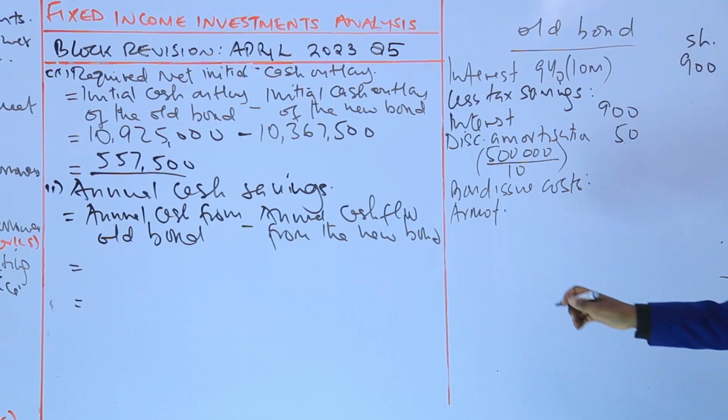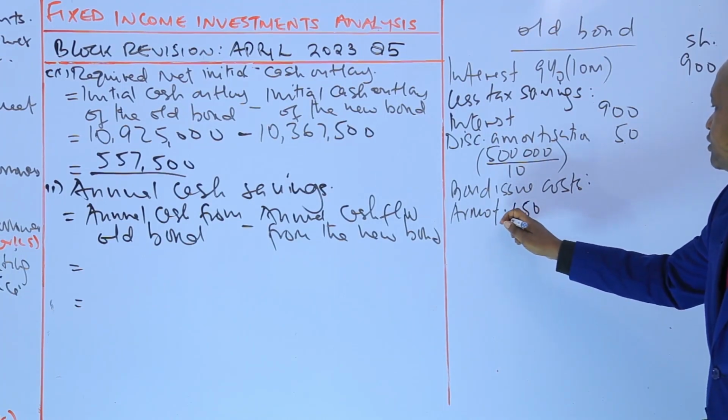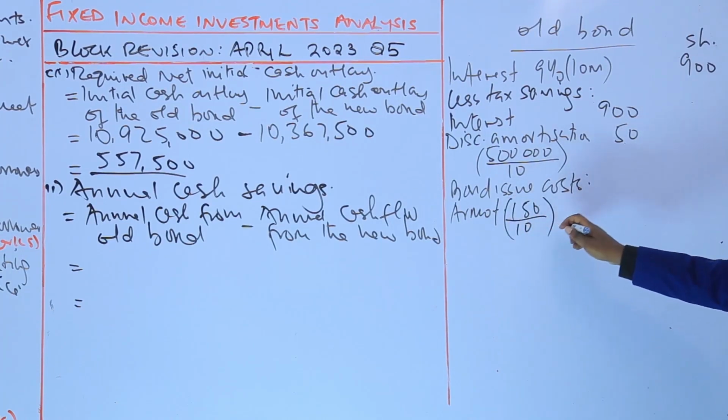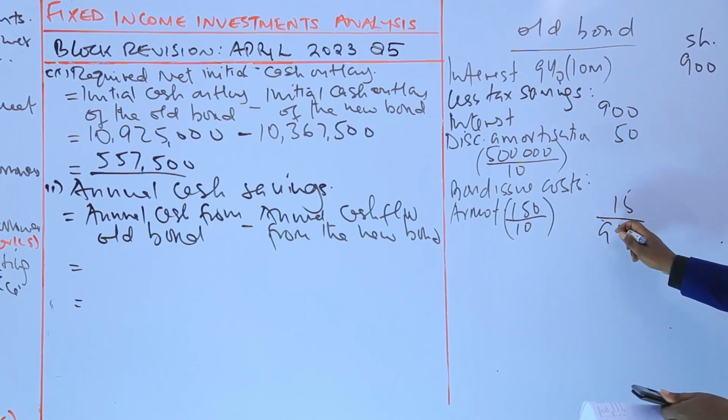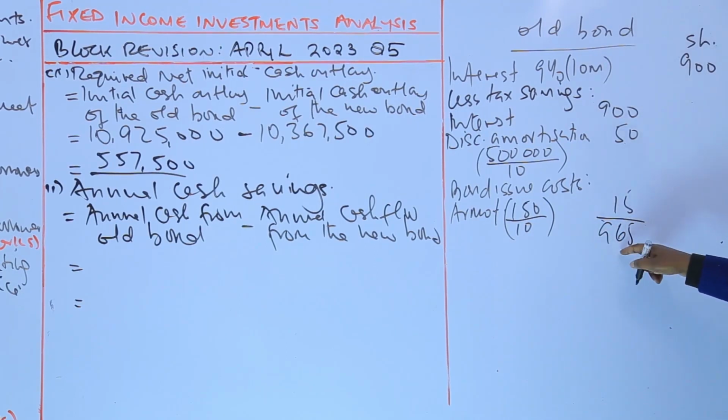So we are going to divide 150,000 by 10. That will be equal to 15,000. So we are going to get this total of 965. This is the amount that is available for tax saving.